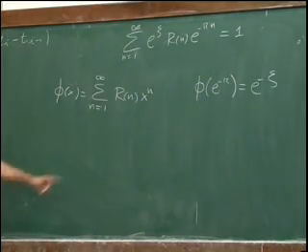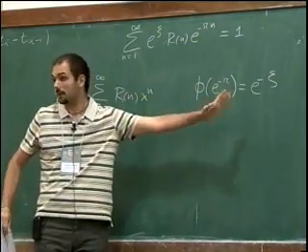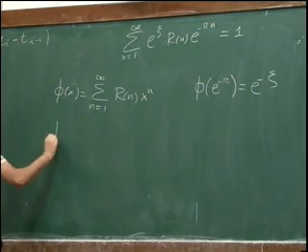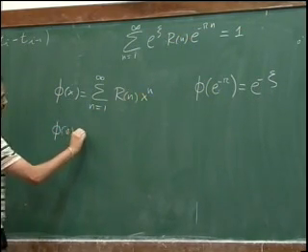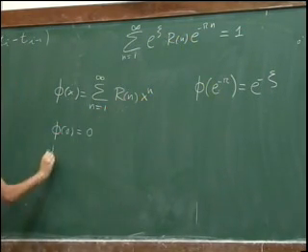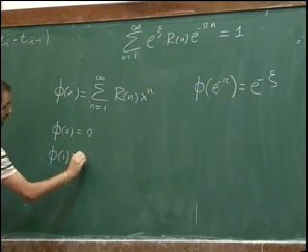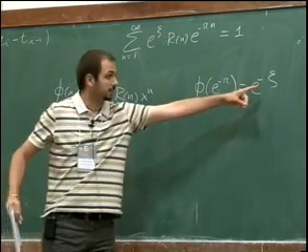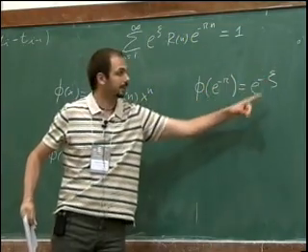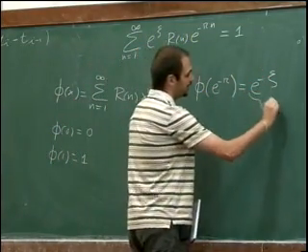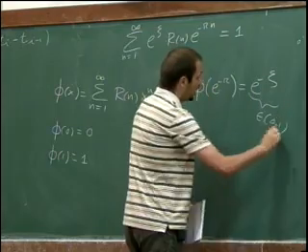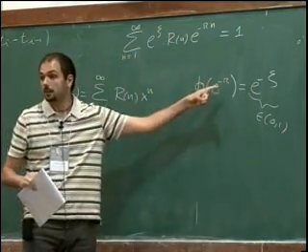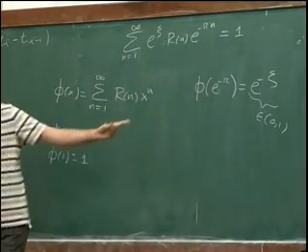And why is it always possible to do that? It's quite simple. Just because phi of 0 is 0, phi of 1 is 1, phi is increasing, continuous. It's analytic, actually. So since zeta is positive, this is a number which is strictly between 0 and 1, and it's always possible to find a unique R which satisfies this relation.